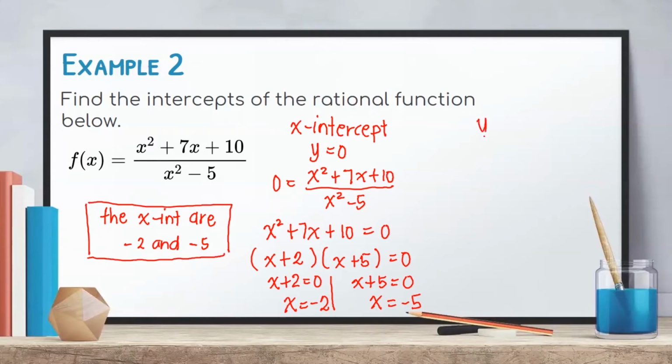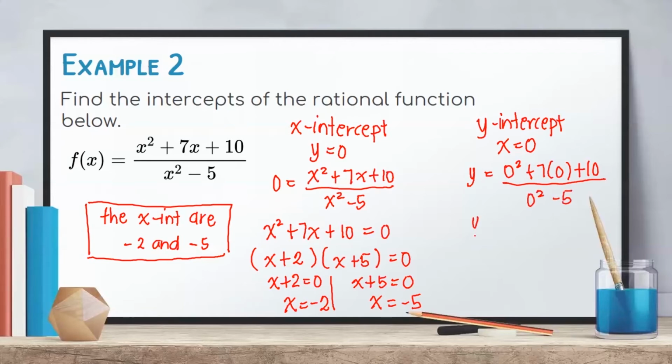On the other hand, to solve for the y-intercept, we need to set x to 0. So we will have y equals 0 squared plus 7 times 0 plus 10 all over 0 squared minus 5. Next, let us simplify the numerator and the denominator. 0 squared is equal to 0, plus 7 times 0 is also 0.